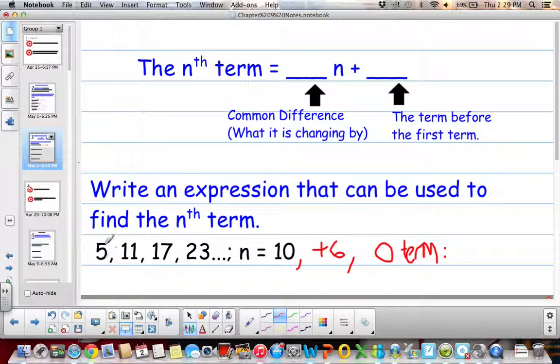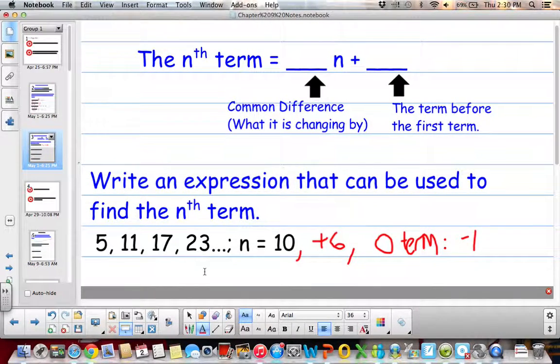So if we have our first term, which is 5, and we know that we're going up by 6 every time, then we would do the opposite to figure out what would be the term before. So 5 minus 6 then would be -1. So if we went backwards, our 0 term would be -1. Okay, so now we have everything that we need.